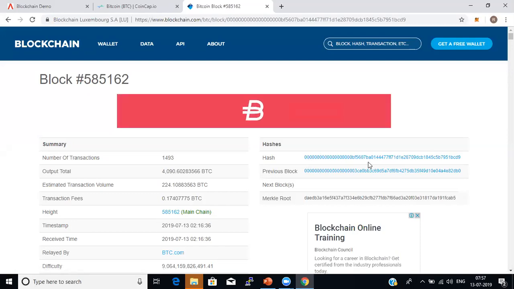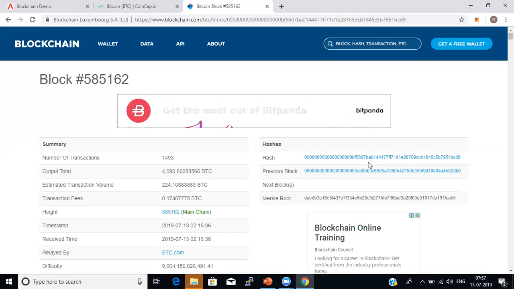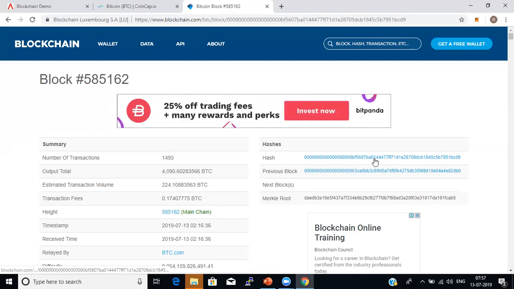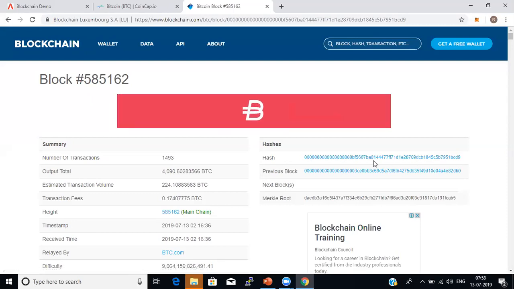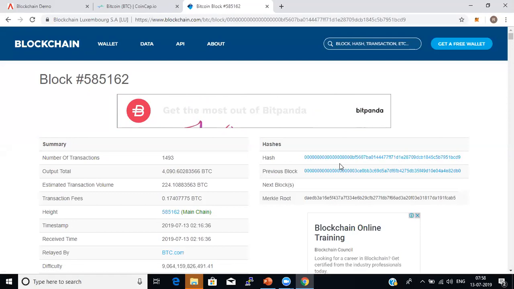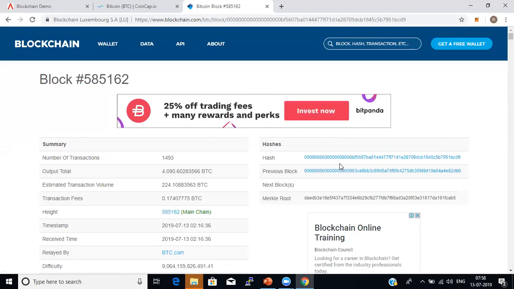Whatever data you give, 1 GB or 1 TB, the hash code size remains the same, about 32 bytes. There are cryptography algorithms like SHA-256 and SHA-512. These algorithms are pretty old, and we are using them in the blockchain.